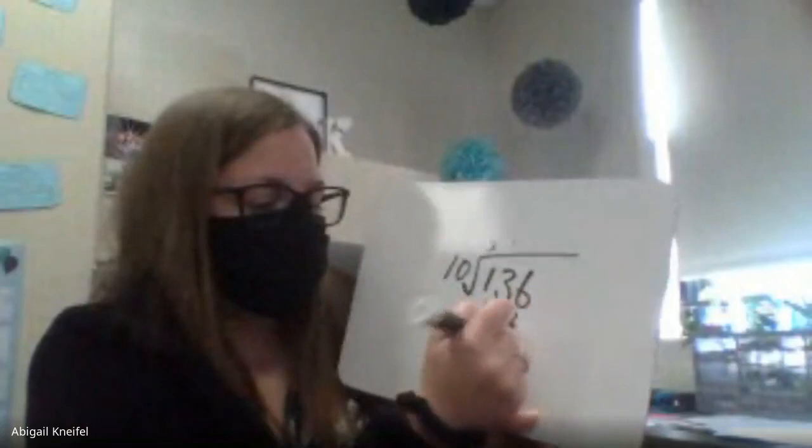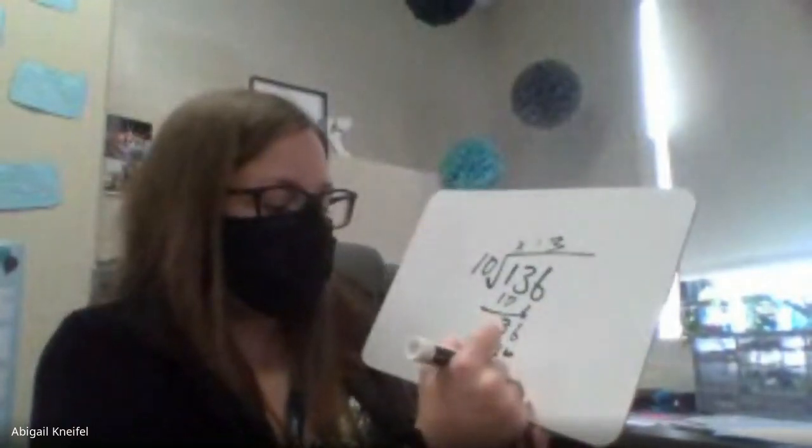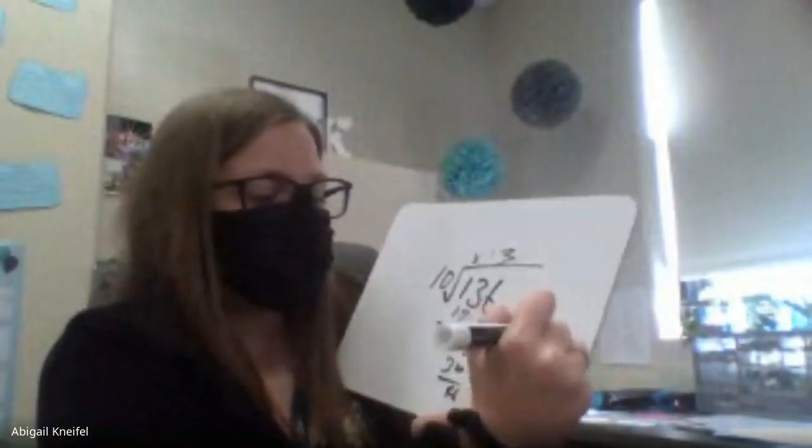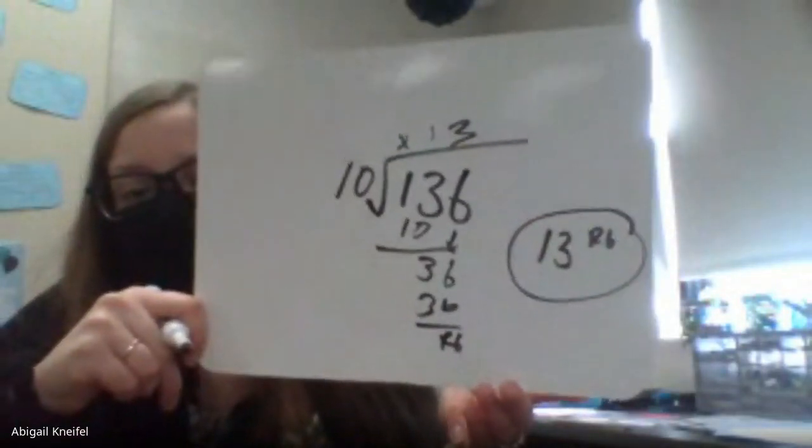Bring down my 6. 10 can go into 36 3 times, which equals 30. Remainder 6. Your answer should be 13, remainder 6. So everyone gets 13 chickens, and there's 6 left over.